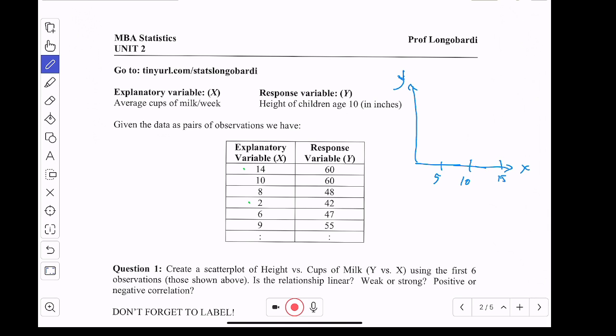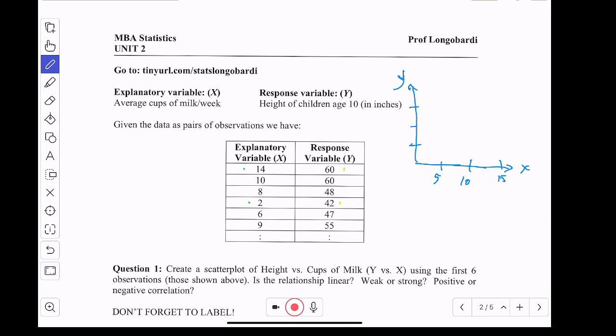And on the other axis, I need to go between a low of 42 and a high of 60. So that's like 18 numbers. So I can still use going by 5, right? I could go 5, 10, 15, 20, okay.